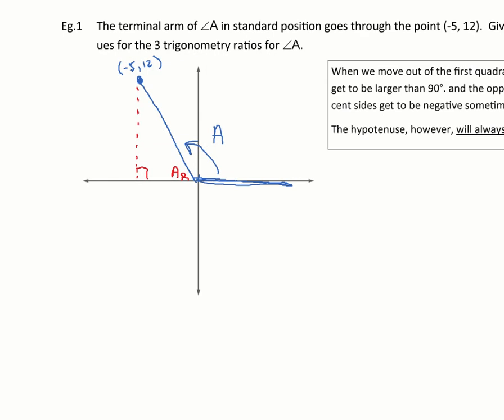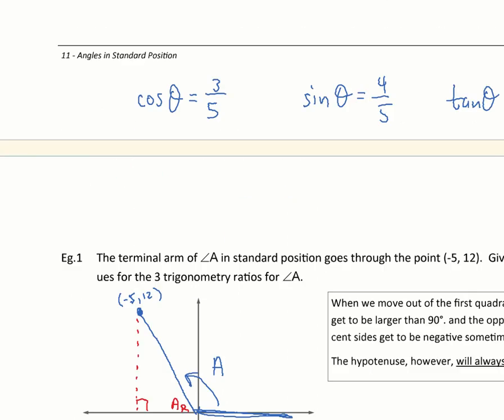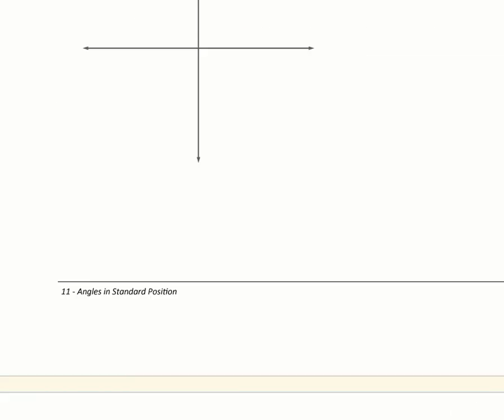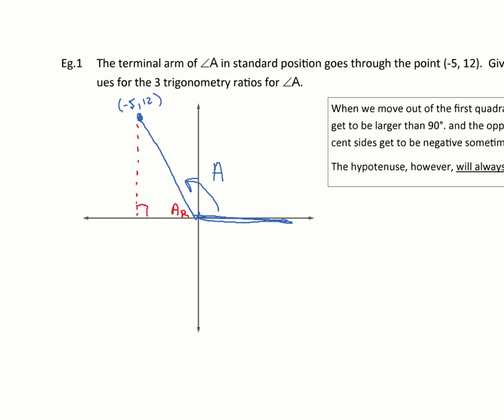The bottom side is how far we have to go to the left, so that's -5. We are going to allow the side lengths, like the x and the y side, to be positive or negative when needed. Since we're going 5 to the left, we're going to call that -5, and we notice that's also the x coordinate.